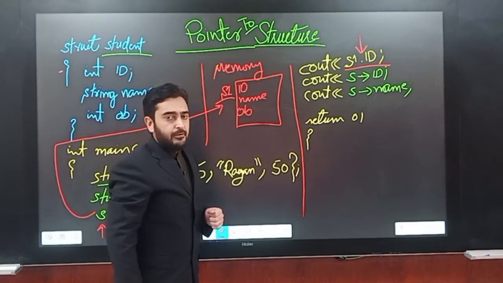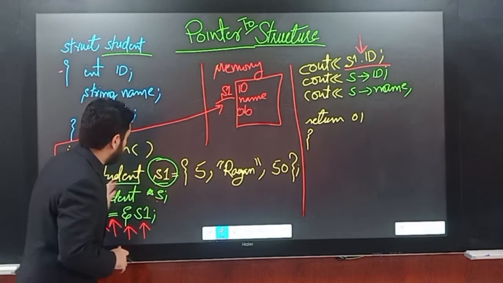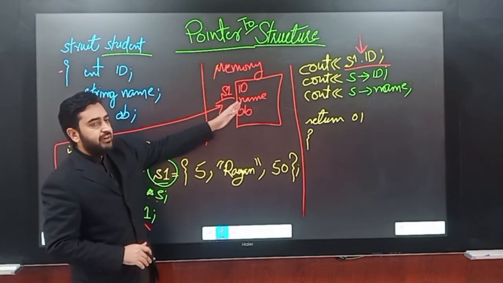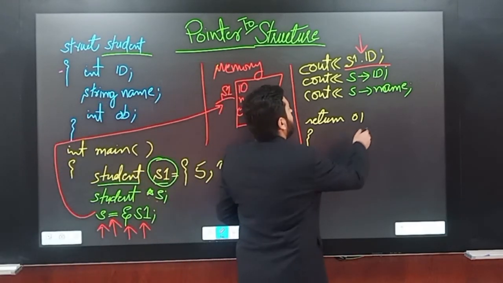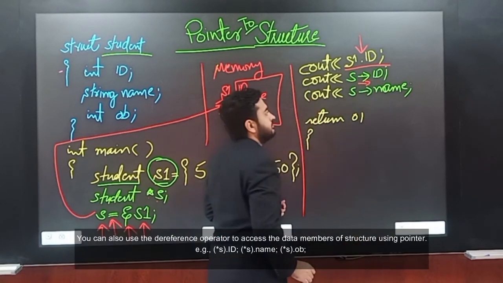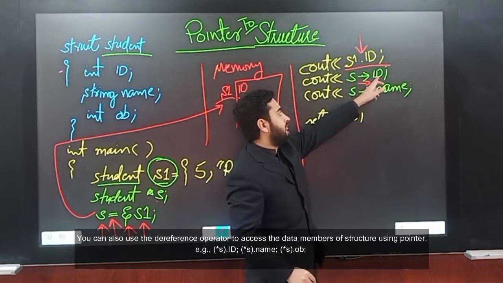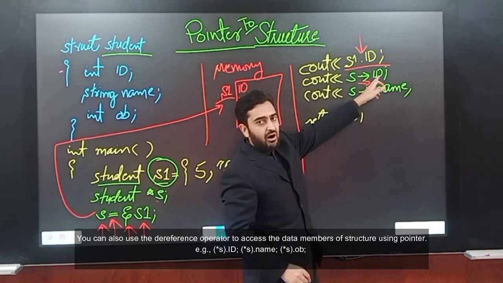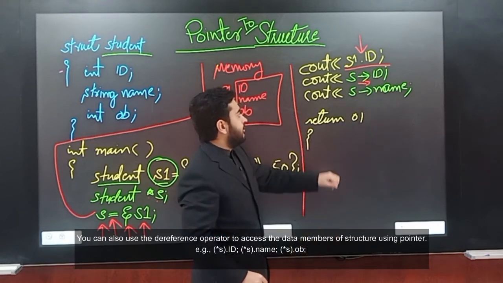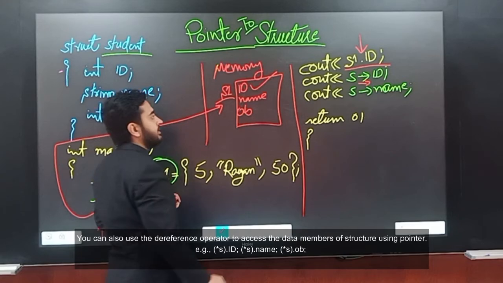But when we use the pointer and want to access the variables through it, then we must use the arrow operator. S is the pointer, then the arrow operator, and then the name of the variable, ID. In this way we are going to access the value of ID.